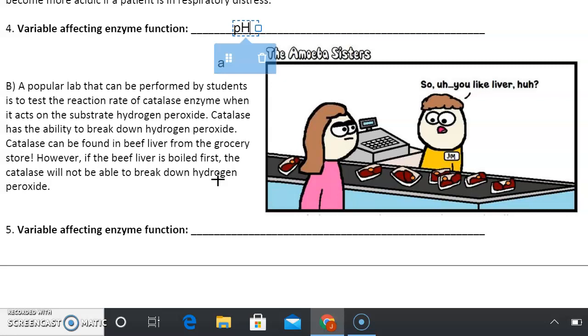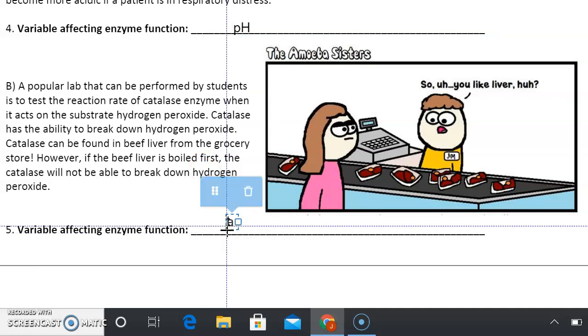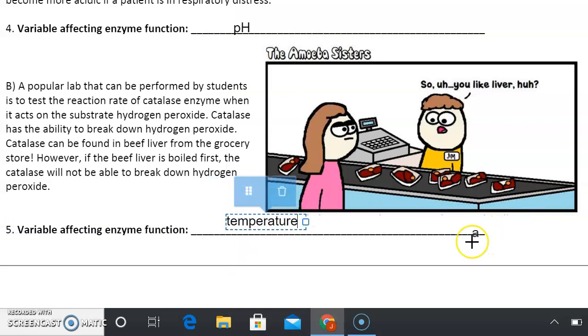So in this scenario, what variable is affecting the enzyme function? Would it be pH or would it be temperature? Well, it didn't tell us anything about anything being acidic or basic, but it did say that you're going to boil that beef liver. So boiling would be at very high temperature. So in this case, temperature would be your factor. Temperature on that one.